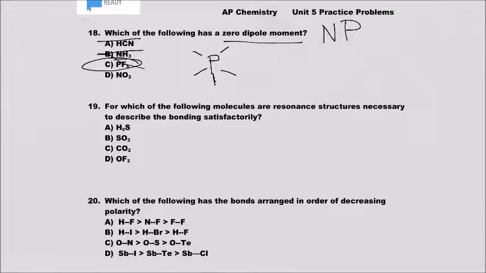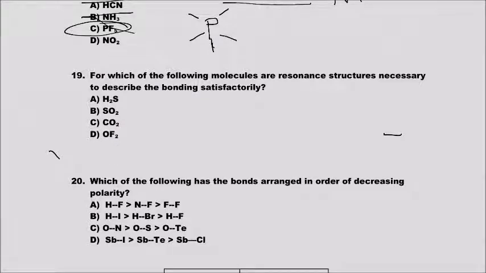On 19, for which of the following molecules are resonance structures necessary to describe the bonding satisfactorily? So for a resonance structure to be needed, we need a double bond that could be drawn in more than one position. Okay, so let's look at what we have here, and we know that A can't have a double bond.